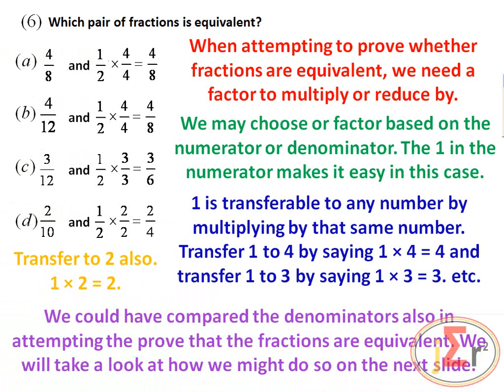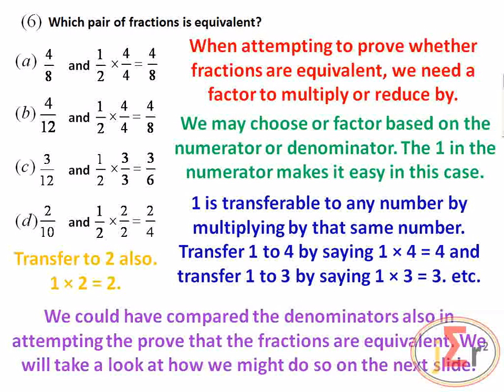We could have compared the denominators also in attempting to prove that the fractions are equivalent. Because we can compare the numerator, we can also compare the denominator. Right. So what we did just now is make use of the fact that to transfer 1 to something else by a multiplication by a particular factor is very easy.